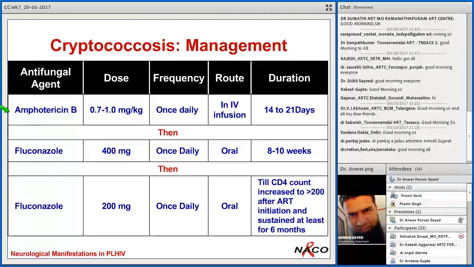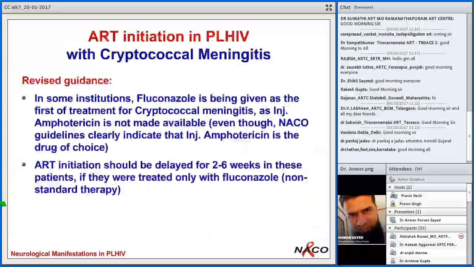cryptococcal antigen was positive. Before this, we saw only the India ink preparation, where you will see Cryptococcus neoformans as an organism. But cryptococcal antigen positivity means it is a fraction of the antigen of Cryptococcus neoformans.